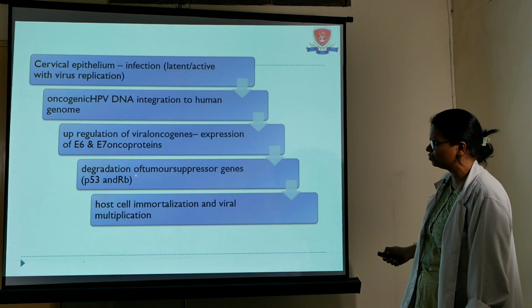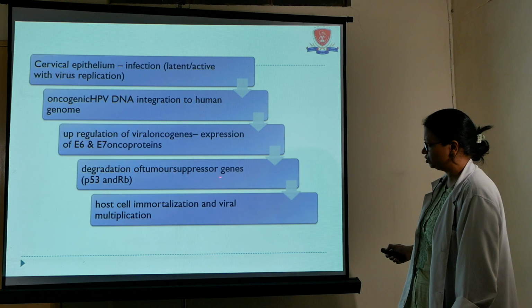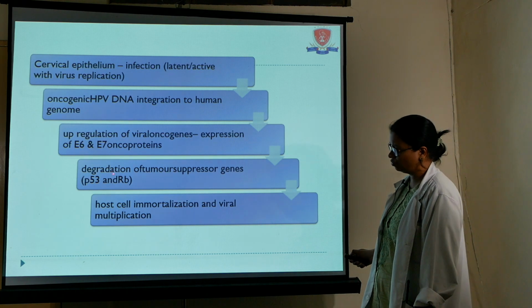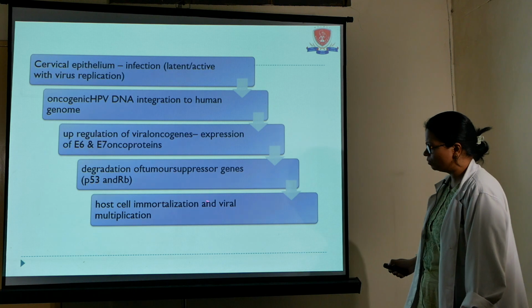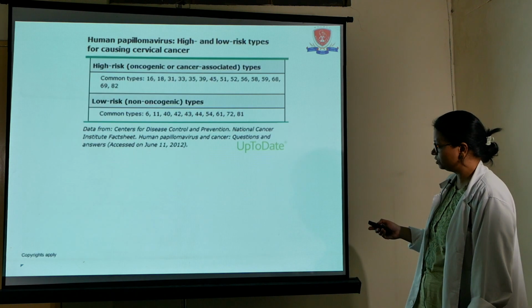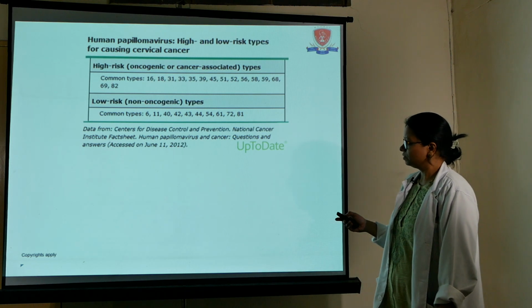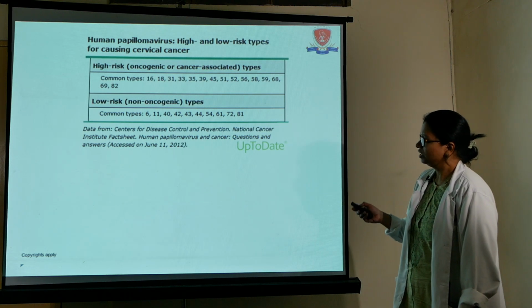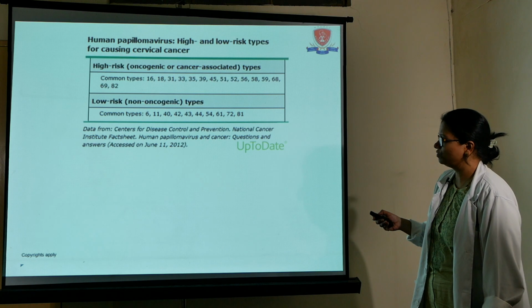This leads to degradation of the tumor suppressor genes P53 and retinoblastoma. So host cell immortalization and viral multiplication keep occurring, which leads to cancer or precancerous lesions.